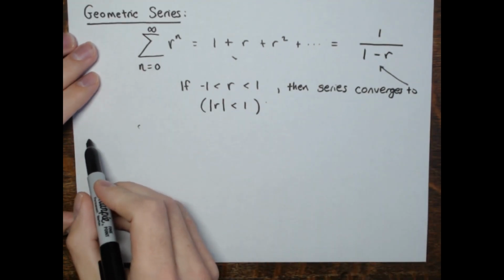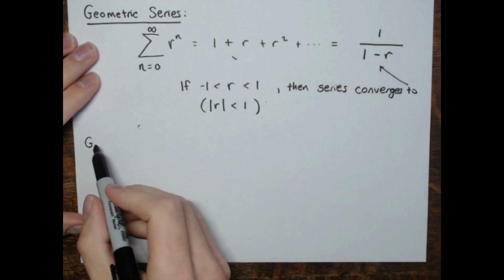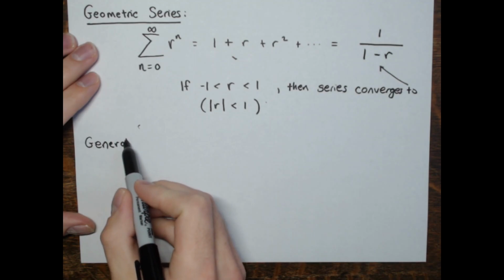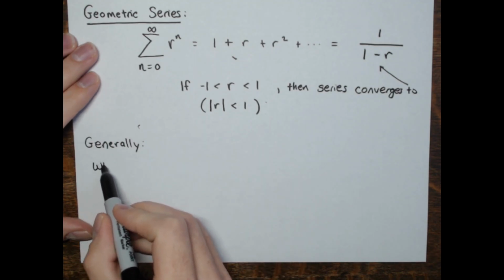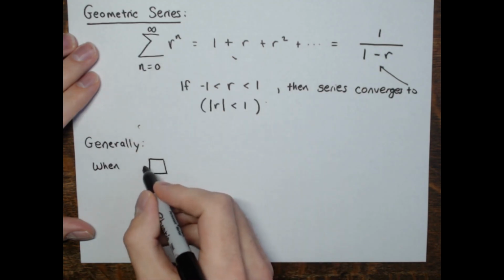So more generally, this is general here. I would just replace r with something. But this is what I had up on the previous video in section 6.1. So I'm going to make a little box here to replace r.